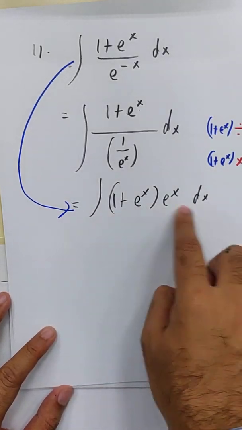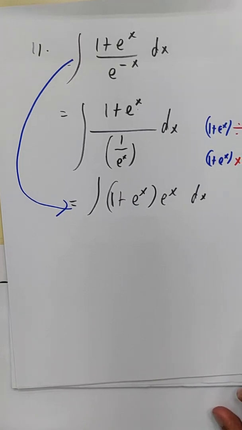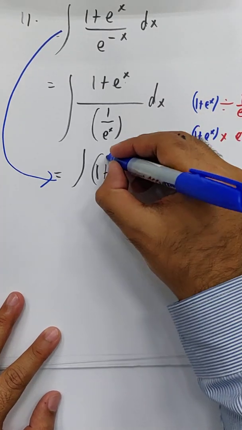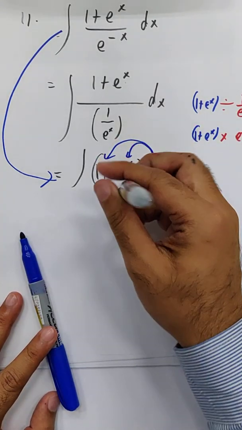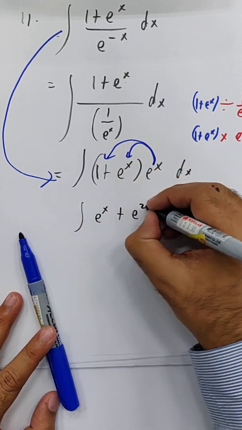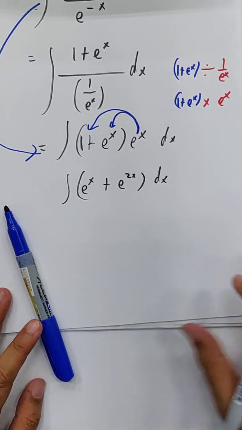Okay, so from here, how do we proceed? Expand, yes. Good eyes. So we got ourselves dx plus e to x. Now, how do you proceed?